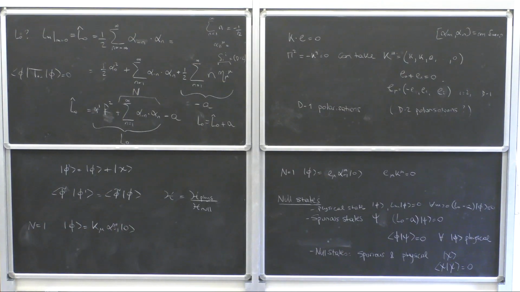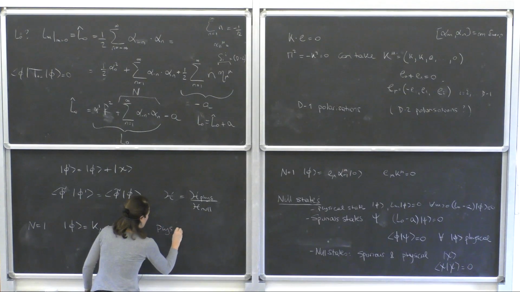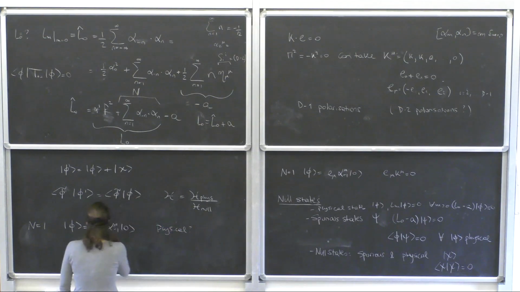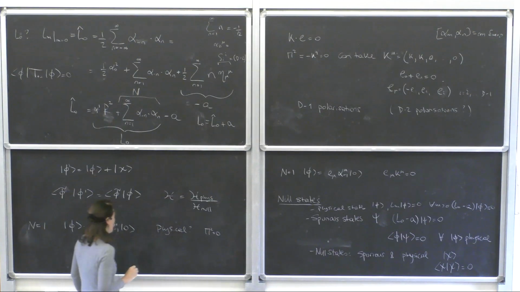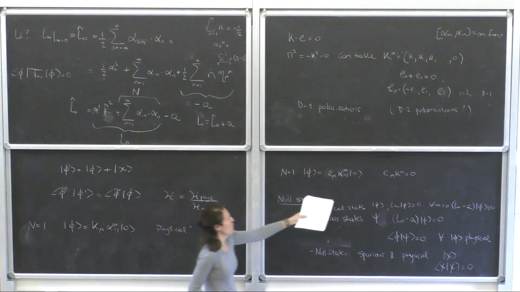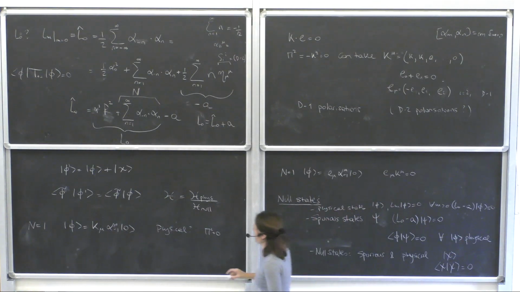Is it physical? For it to be physical, so physical means the L0 condition, it will tell me that it's a state, it's a massless state. And the L1 condition was saying that the polarization along K should be 0.